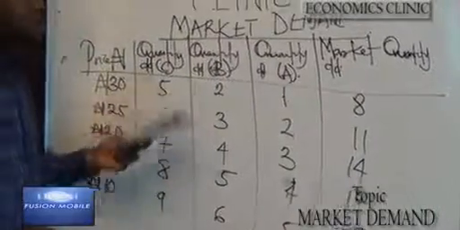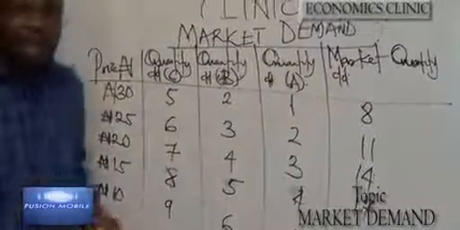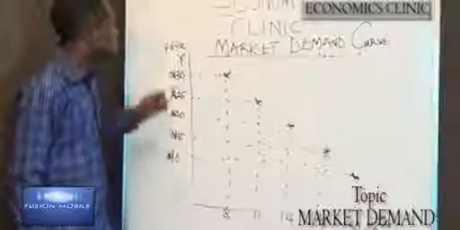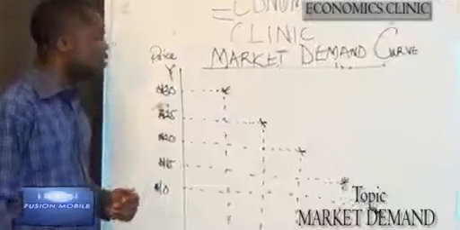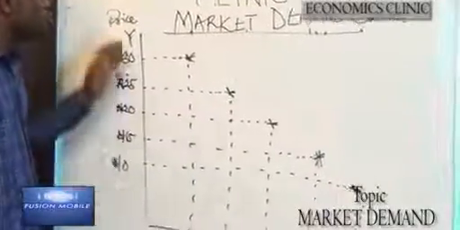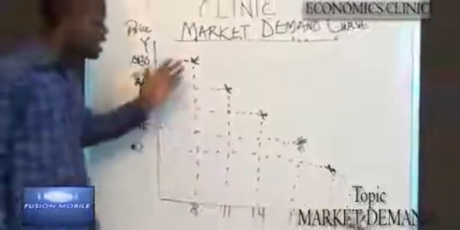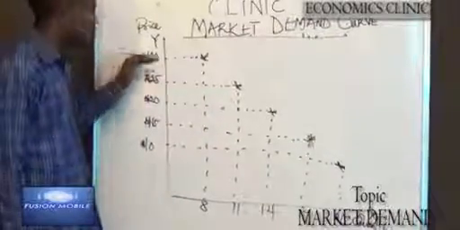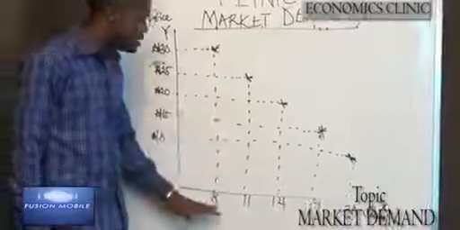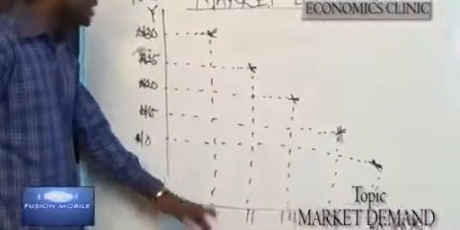This can be represented on a demand curve. From the previous table, quantities and price have been listed. So we present the quantities on a graphical representation. At 30 naira, you can see that 8 quantity units is demanded.